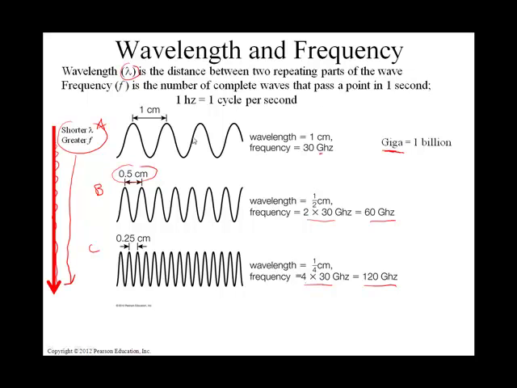To summarize, we have the longest wavelength up here and the lowest frequency. And down here we have the shortest wavelength and the greatest frequency. This should have been frequency.